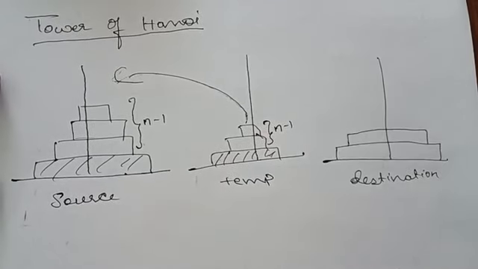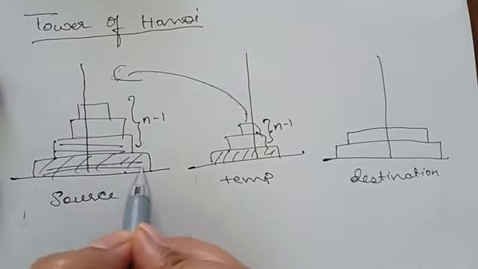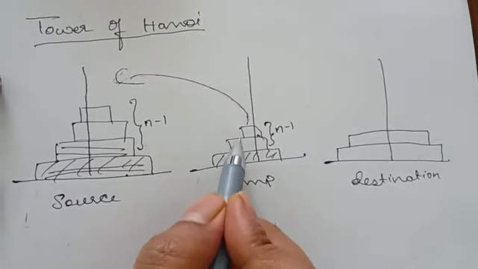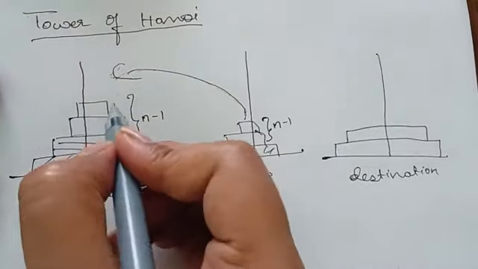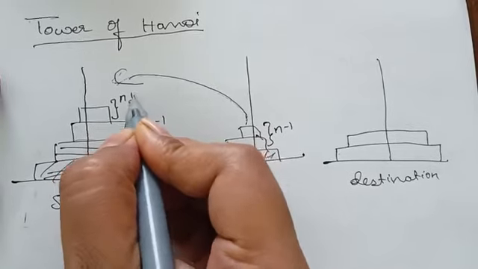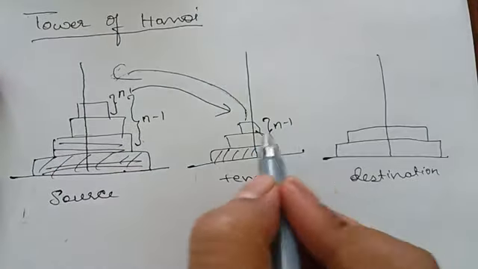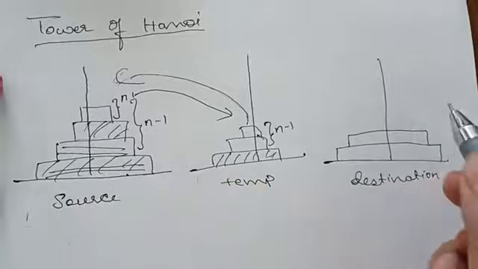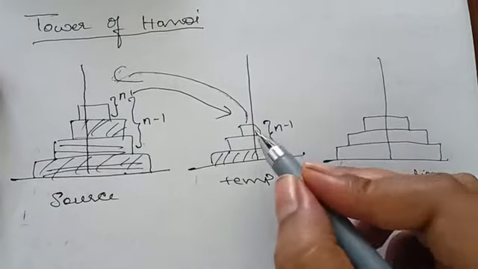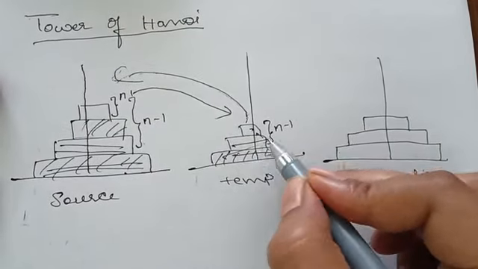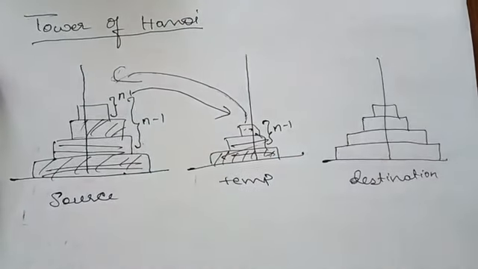Next, in source you don't consider this. I'll be having only 2 disks here, because from here I have moved n-1 disks. This will become n-1. This one again I'll transfer to temp, and this disk will be moved to destination. And then only one disk will be present in temp, and that will be moved to destination.